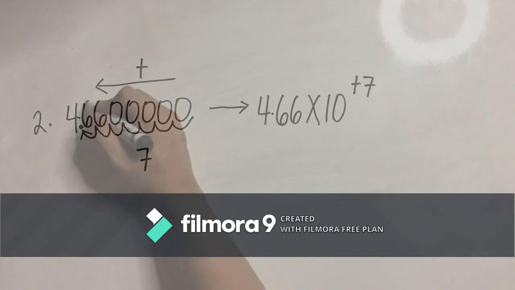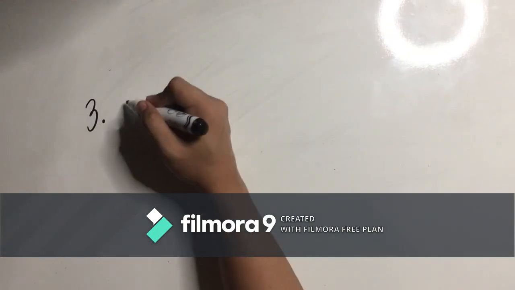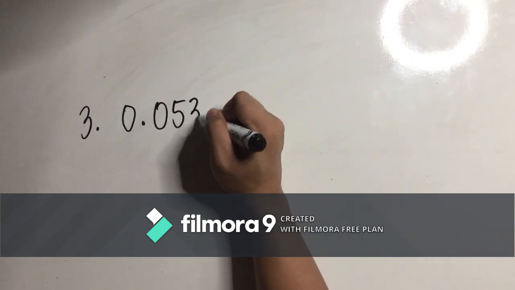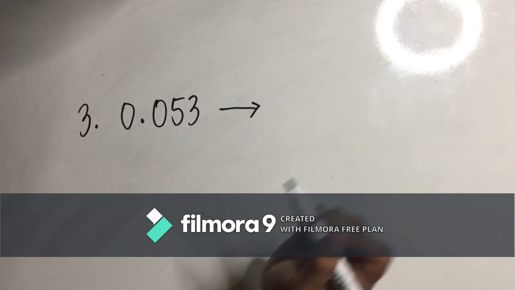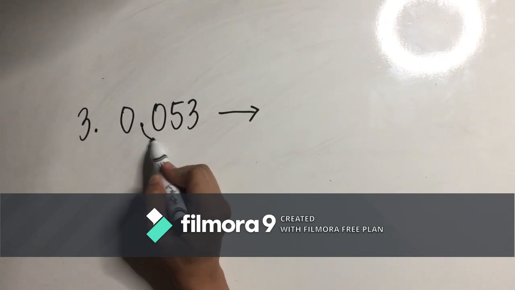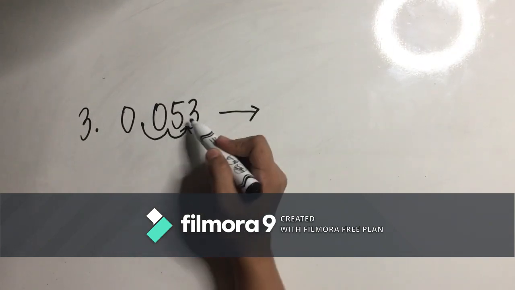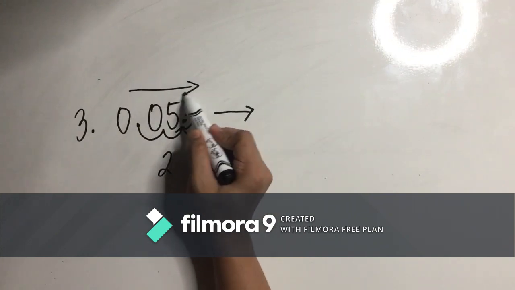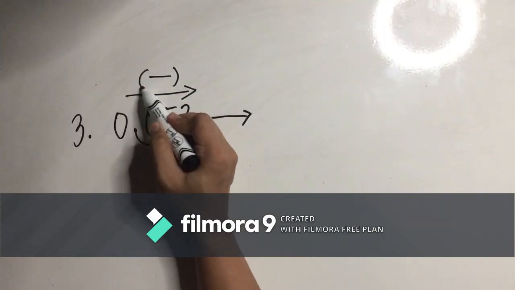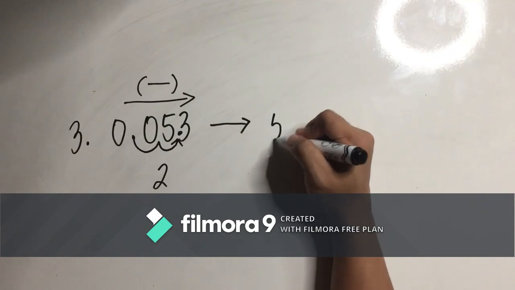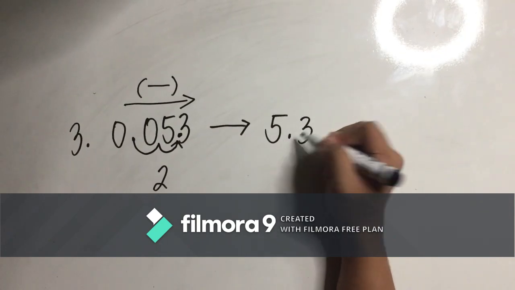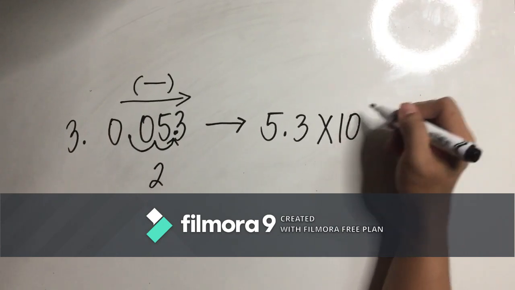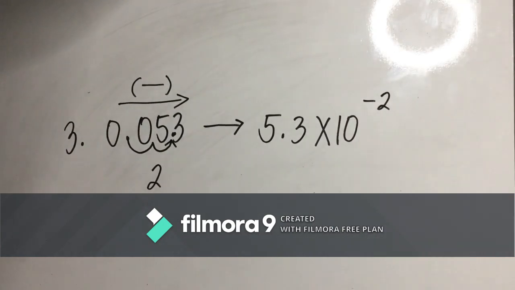Now, let's have example number 3. We have 0.053. We have to make it into scientific notation. We already know the position of the decimal point. We have to move it between 5 and 3. That indicates two movements. The direction is going to the right, so that indicates a negative integer. Putting it all together, we have 5.3 times 10 raised to negative 2.